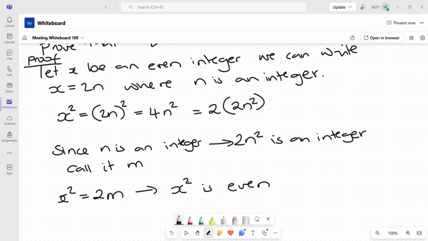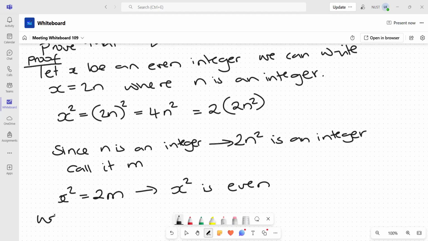Okay, so x squared is even, and that is the end of my proof, because remember, what we wanted to do is show that if x is even, then it means that x squared is even, and that also proves that if x squared is odd, then x is even.